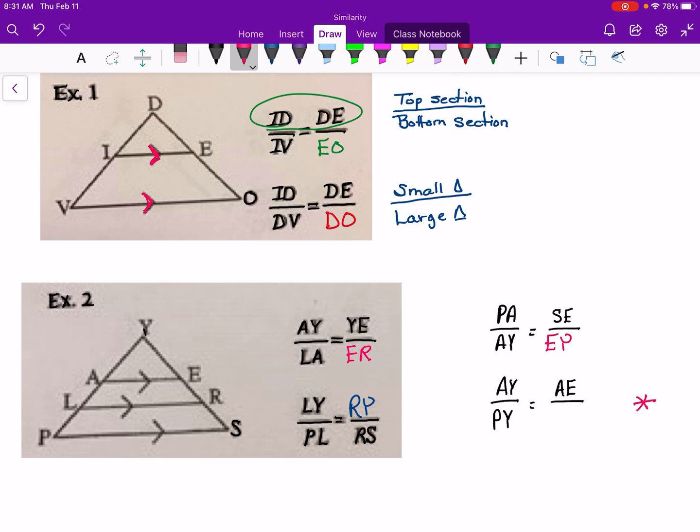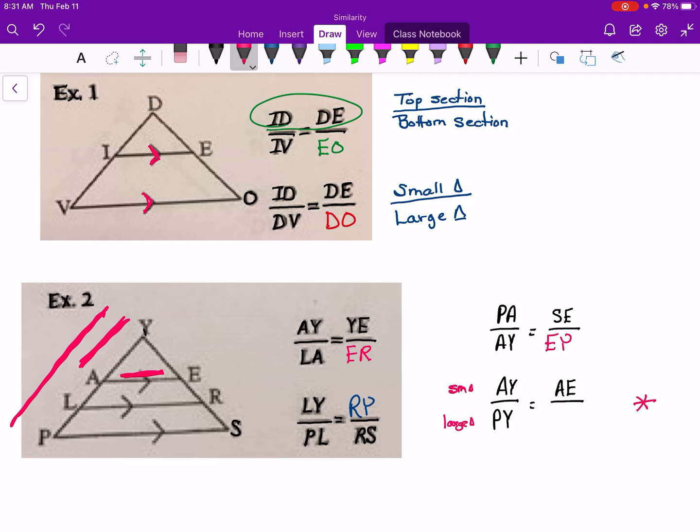I'm going to take AY on the left, and I'm comparing it to PY. All right, so it looks like I have small triangle and large triangle, 2 pieces.